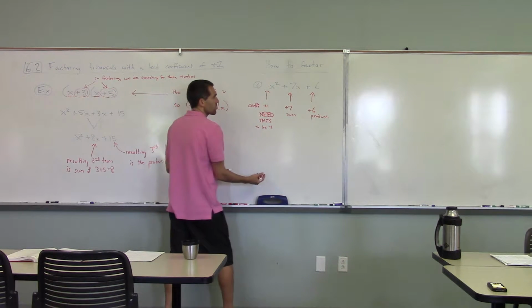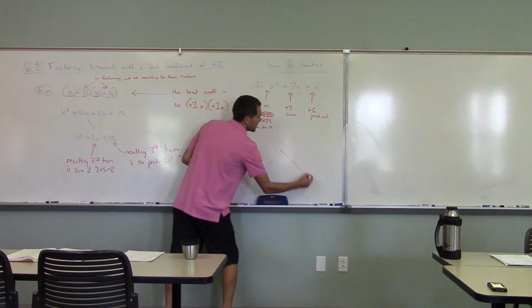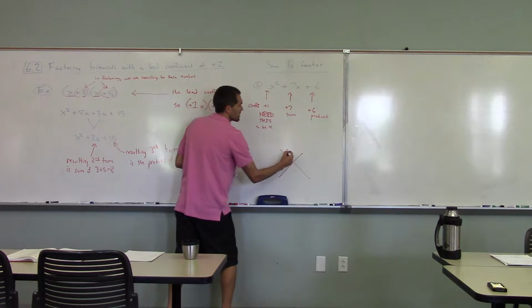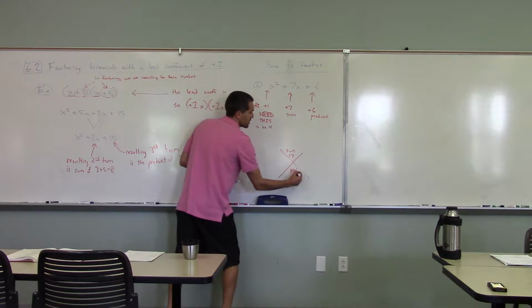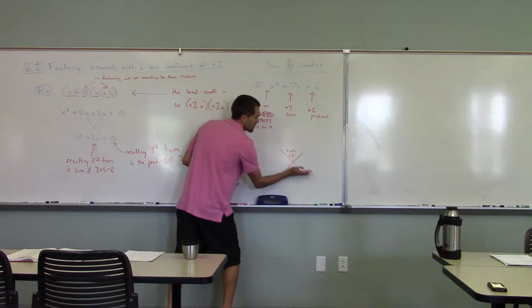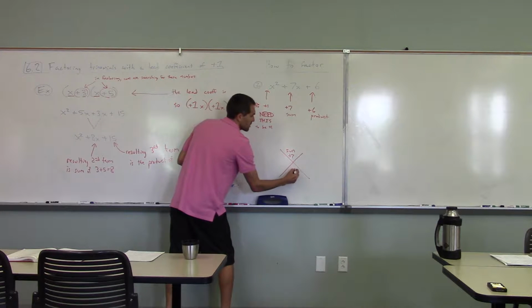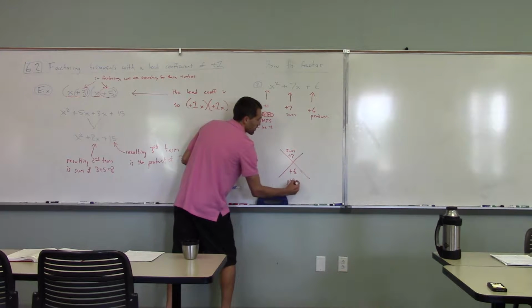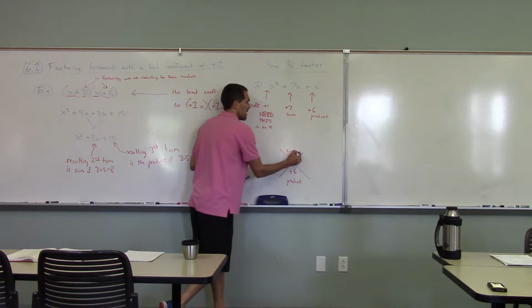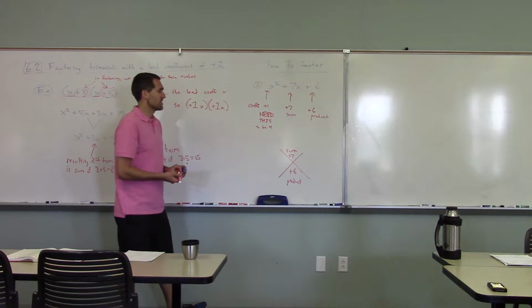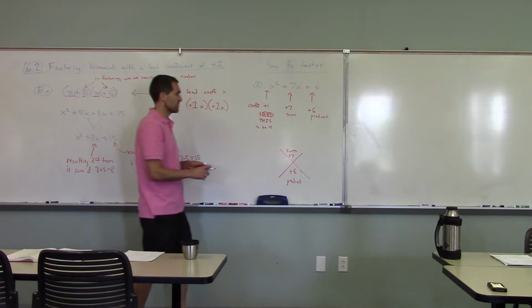The way I write this is I know that the sum is going to be positive 7 and the product is going to be positive 6.